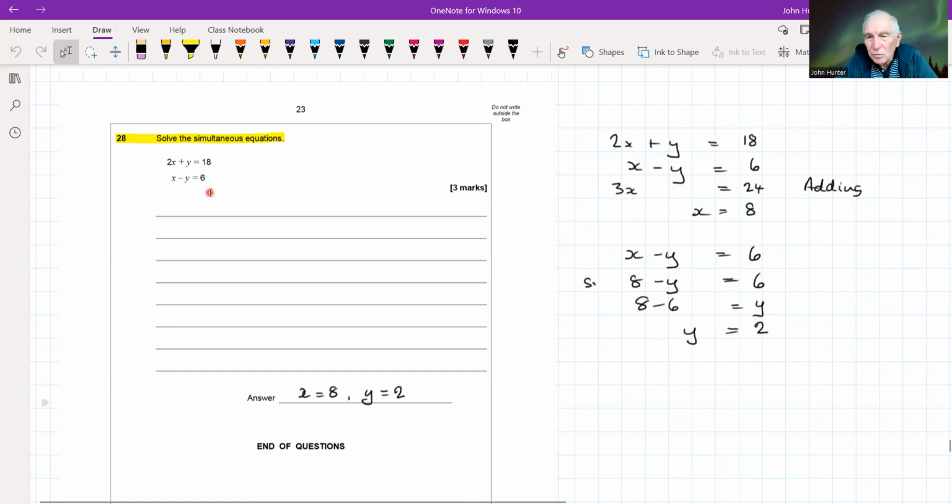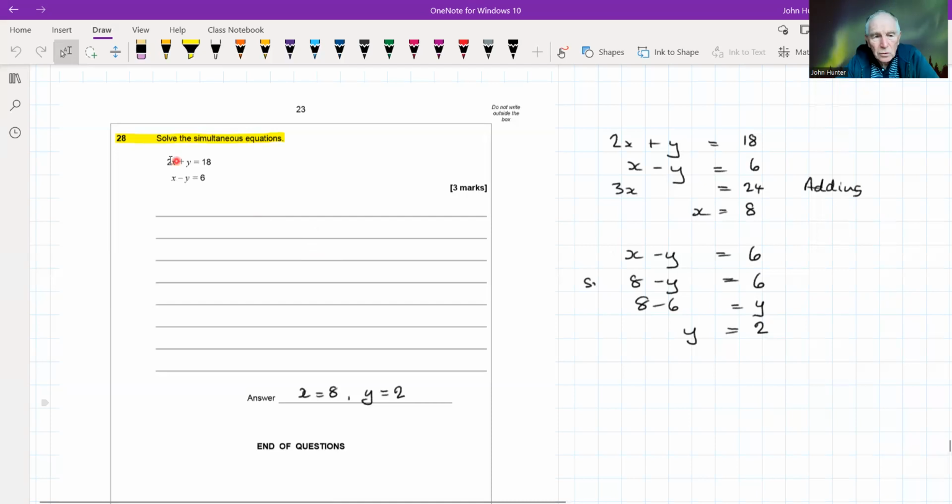These are linear simultaneous equations, incidentally. The other thing you might want to be aware of, if you haven't seen this, is that each of these two equations represents a line on a graph. And there is one point, of course, which is on both of those lines, and of course it's the point where those lines cross.